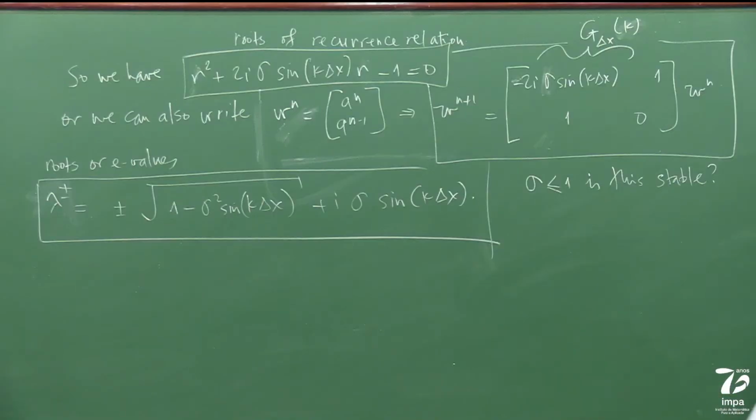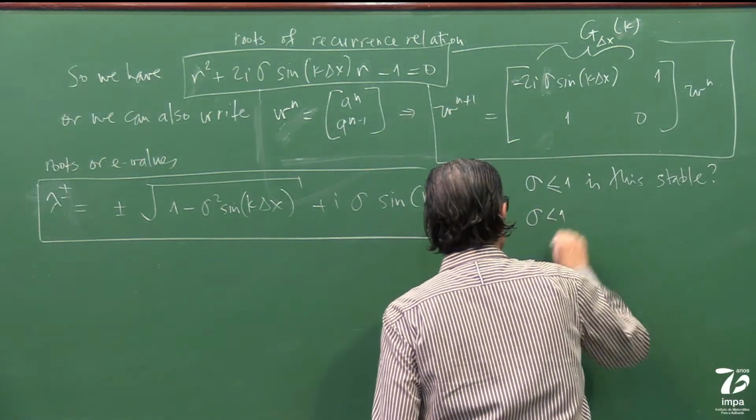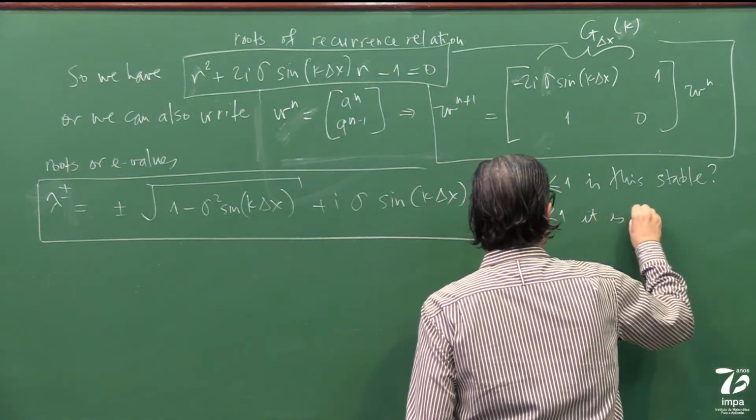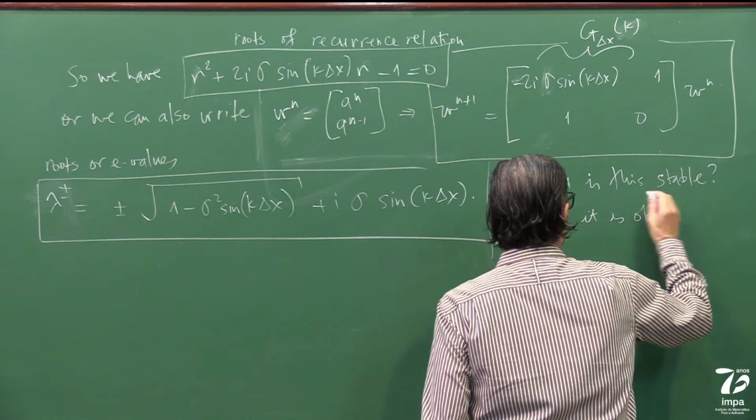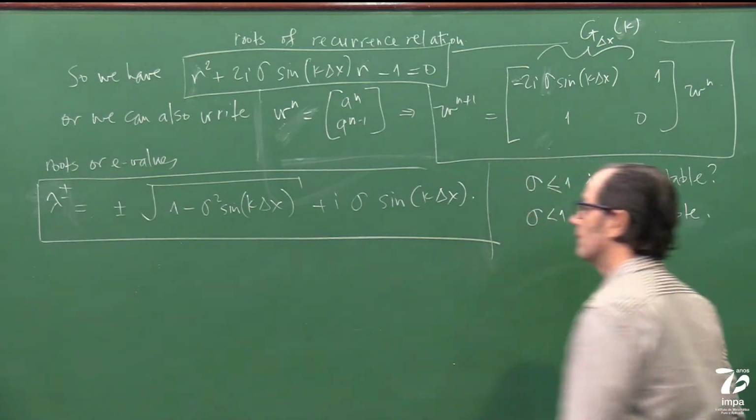Here we're doing the wave equation also. Well, let's think of this. There's a subtlety here that I wouldn't at first have picked up. So for sigma less than 1, it is stable.